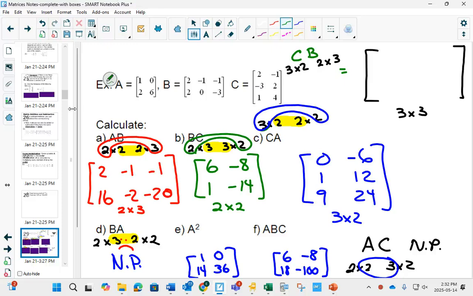Everything is related to rows and columns. So I'm going to pick some numbers, and I'm going to take a different color here. Let's say I look at this one, this 24. This 24's position is in row 3, column 2.